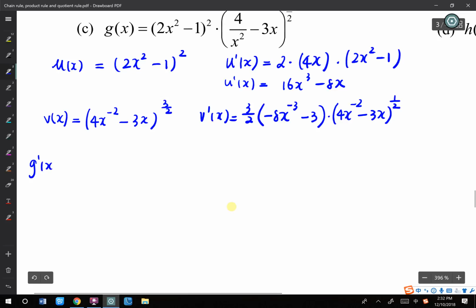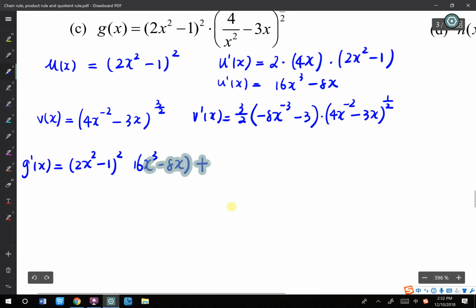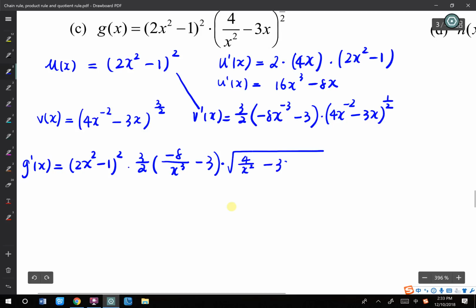Then we can find the derivative. So g dash x equals (2x squared minus 1) squared times 16x cubed minus 8x plus, wrong way, times the wrong thing. That times with that. So times 3 over 2 times minus 8x to the power of 3 minus 3 times the square root of 4 over x squared minus 3x.